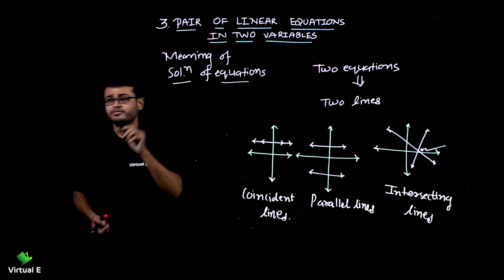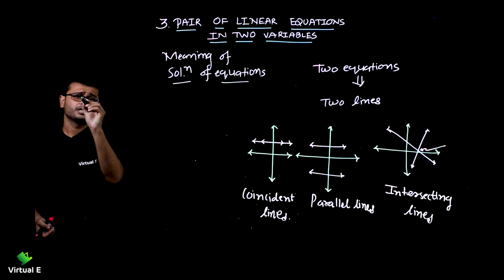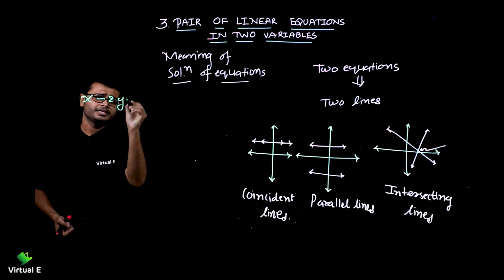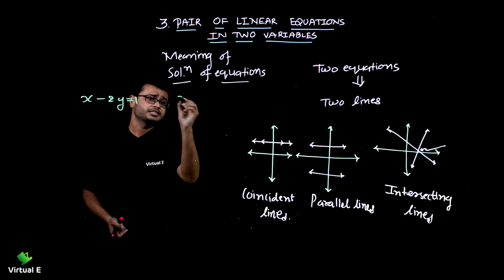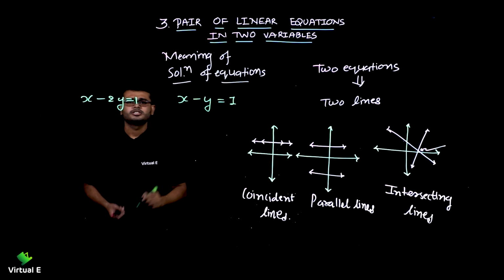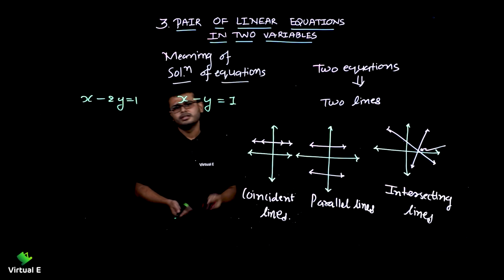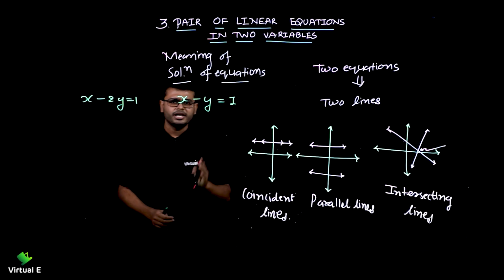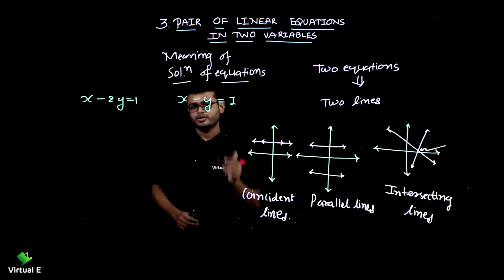Let's take an example of two equations, which is x minus 2y is equal to 1 and another is x minus y is equal to 1, right? So again we are going to find the different coordinates for each of the equations.